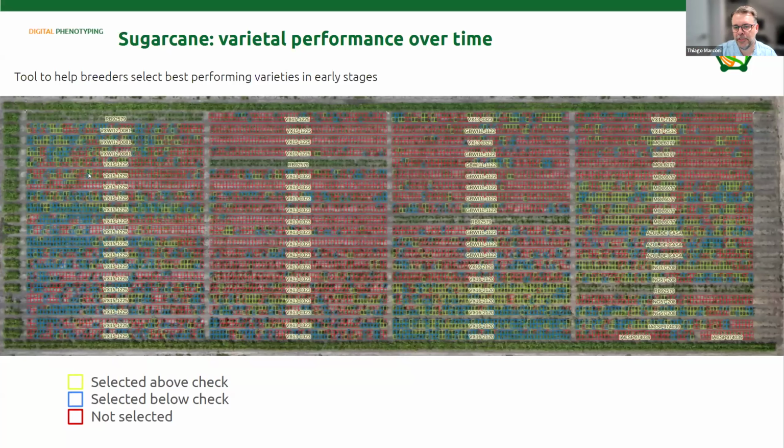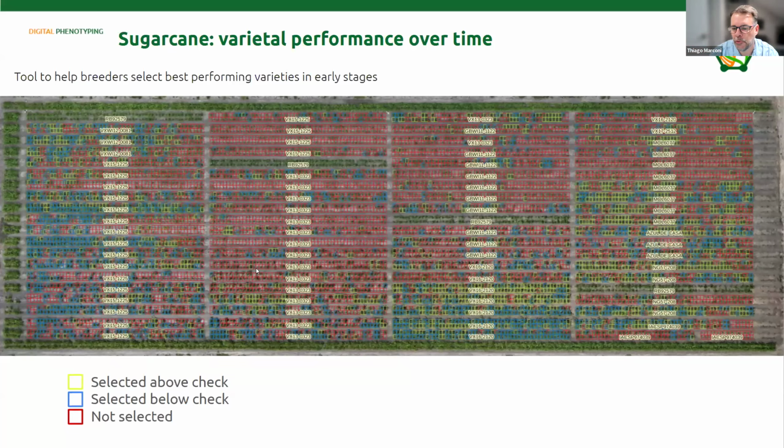So each of these squares here is a single plant that is a unique genotype in this breeding program. So our goal is using images, extract data by single plant and look at the growth over time to be able to select what are the best performing ones regarding speed of growth as well as vigor, right?